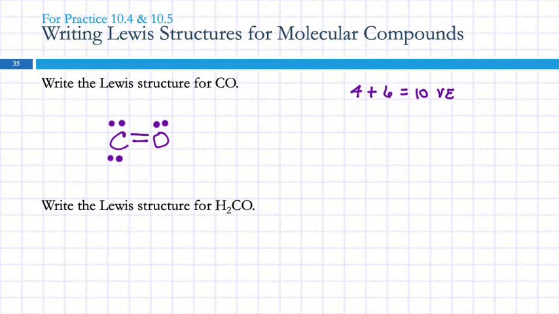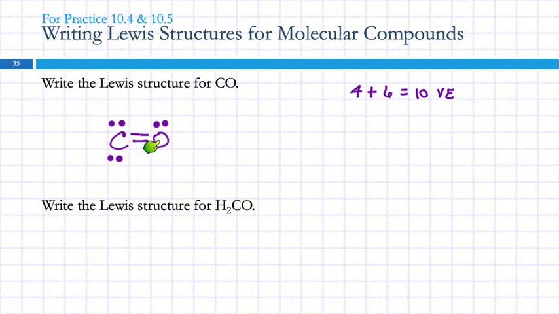So I still have 2, 4, 6, 8, 10 electrons, right? If we look at carbon, carbon has an octet now. It has 2 lone pairs and 2 bonding pairs, 8 valence electrons. But oxygen doesn't have an octet.